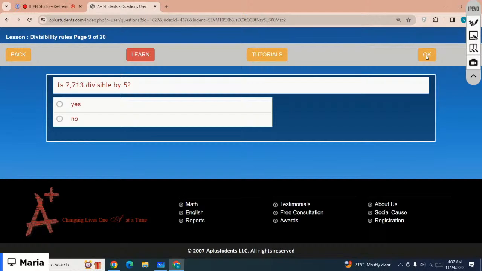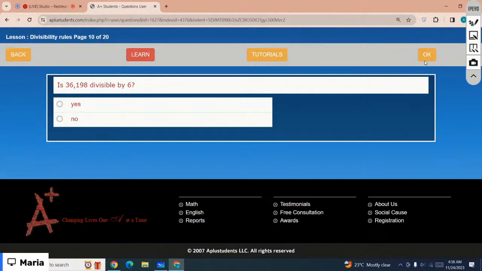Yes or no? The correct option is no, right? The divisibility rule for 5 is that the last digit must be 0 or 5.